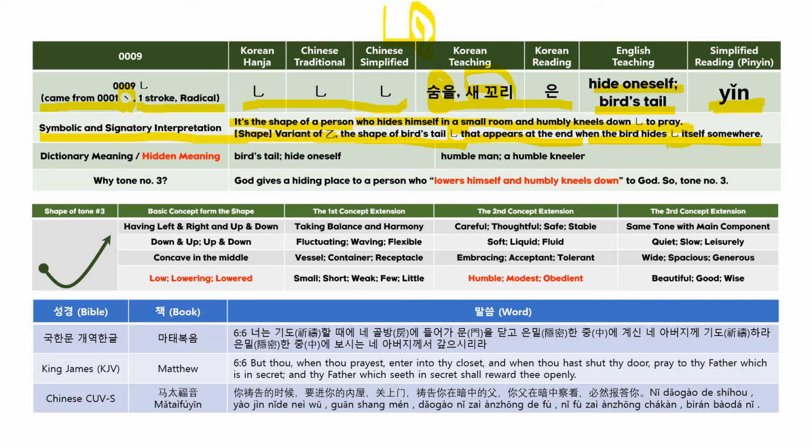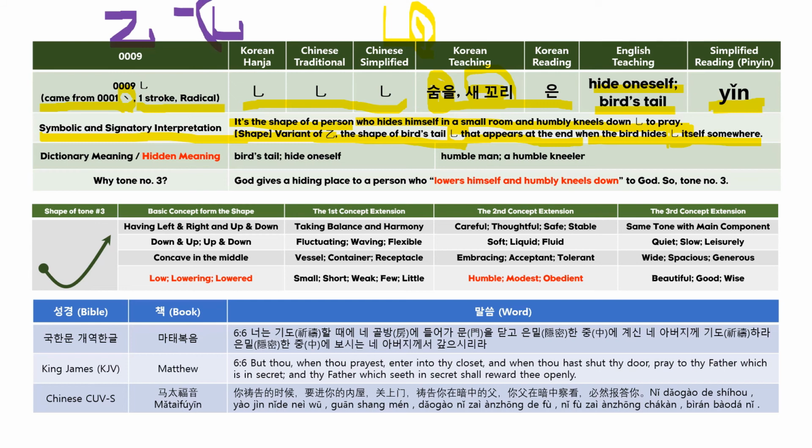If you look at the shape of this character, a bird is shaped like this, but this part is abbreviated, and the remaining part is like this.